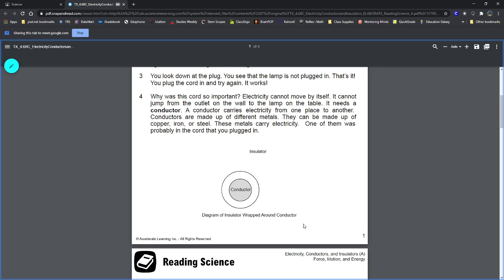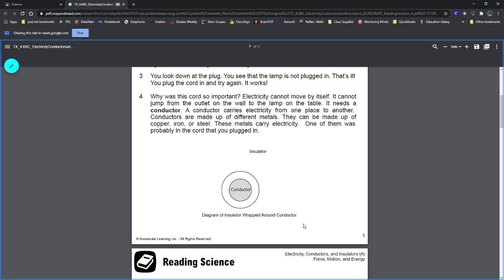So whenever you have a cable, like this one I've got here, the inside of it, you can't see it because it's covered up with white rubber.